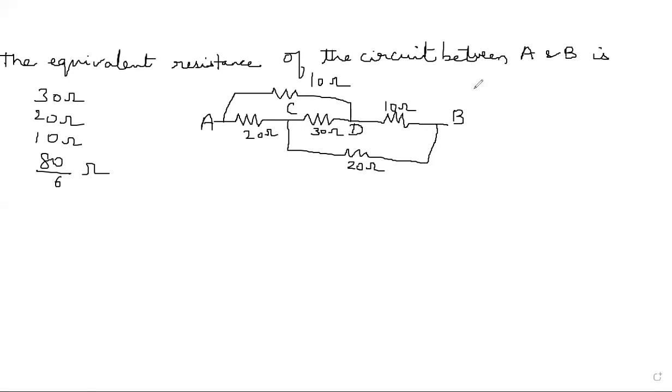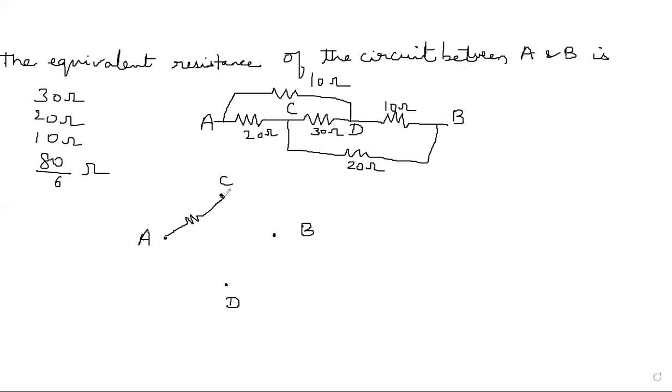I'm going to redraw this circuit in my convenient way. So I'm going to place the 4 points. I'm going to take this as A and this as B, this is C and this is D. So A to C you have one resistor.